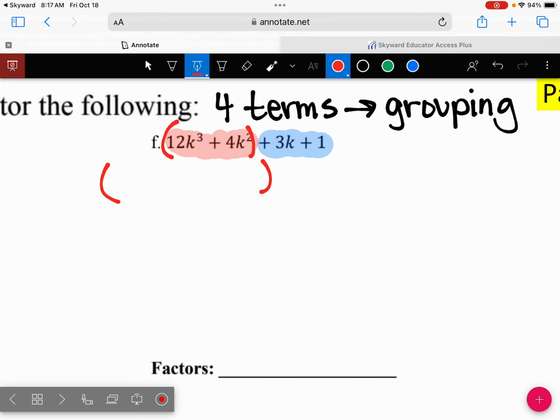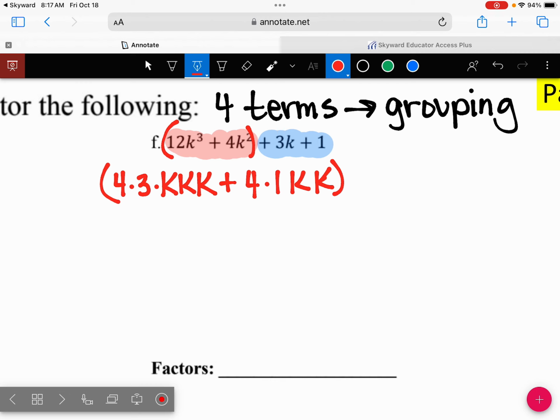12k cubed is 4 times 3, and then we have k plus 4 times 1, and then 2 k's.